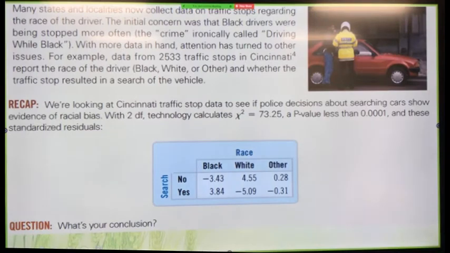Based on this, what do you see? Or what is your conclusion? Look at it. Think about it. Don't just tell me whether or not you accept or reject the null, but what do you notice about the residuals? What stands out?